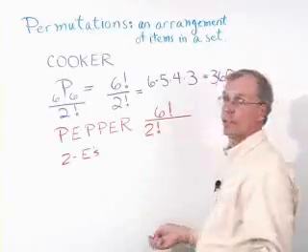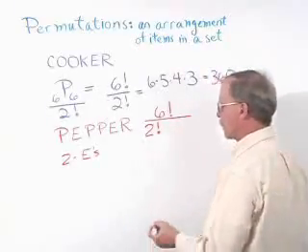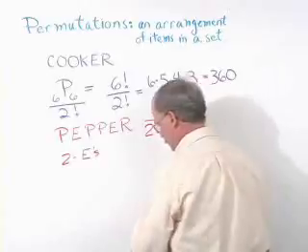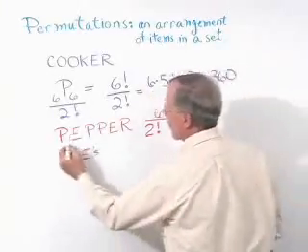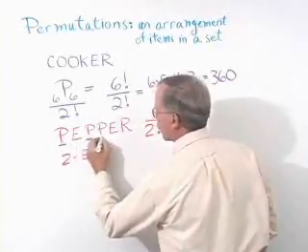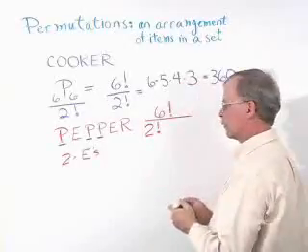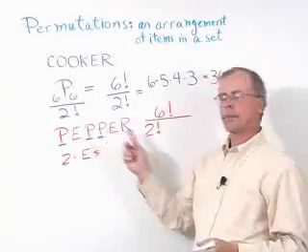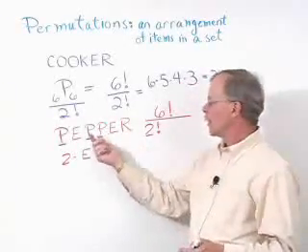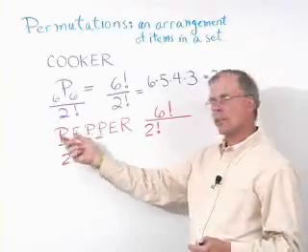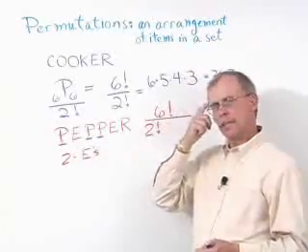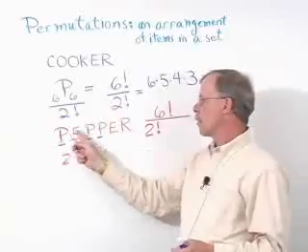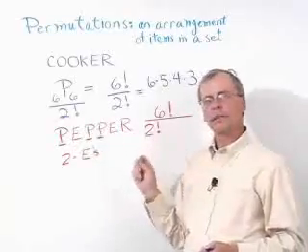2 times 1 is still 2. But look again, we also have 3 P's. Now if we have 3 P's in a problem, we could rearrange them lots of different ways. How many do you suppose? How many ways could we order 3 different things?